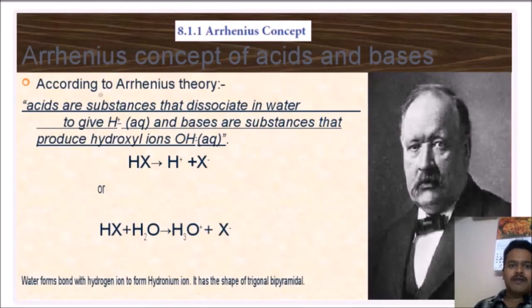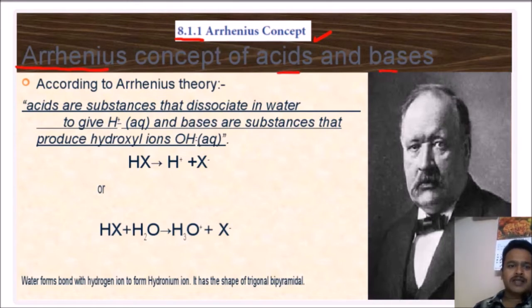The first theory is 8.1.1 in your textbook order: the Arrhenius concept of acids and bases. According to Arrhenius, how can you define an acid and a base?